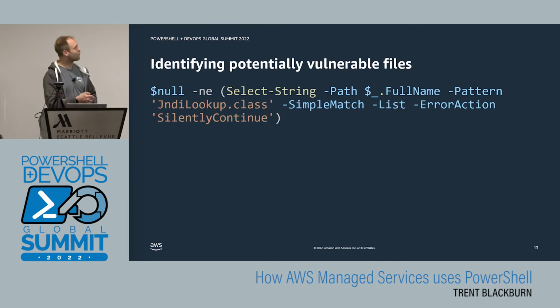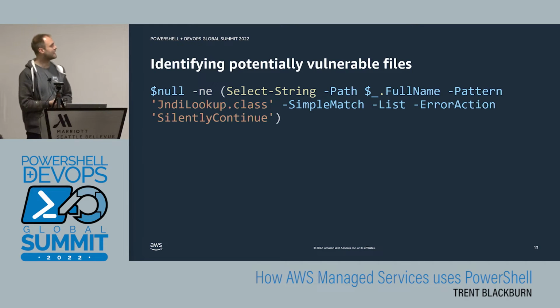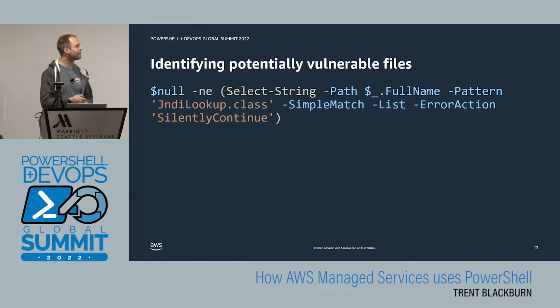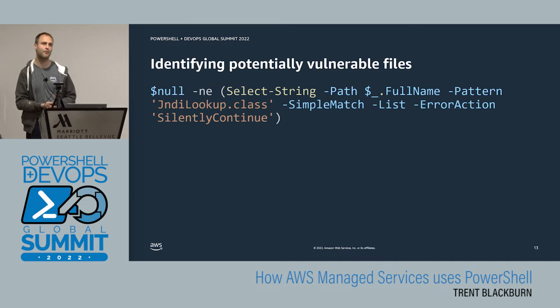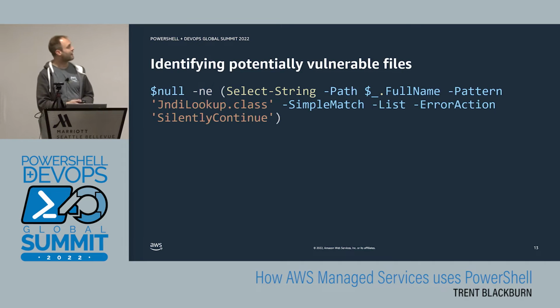So that slide will get all of the potentially vulnerable files. And then next up is the actual check for vulnerability within the file itself. What I found here is that when you run Select-String on any of those file types that we looked at before, it will actually evaluate either true or false with these different parameters based on whether or not this is contained within the content of that file.